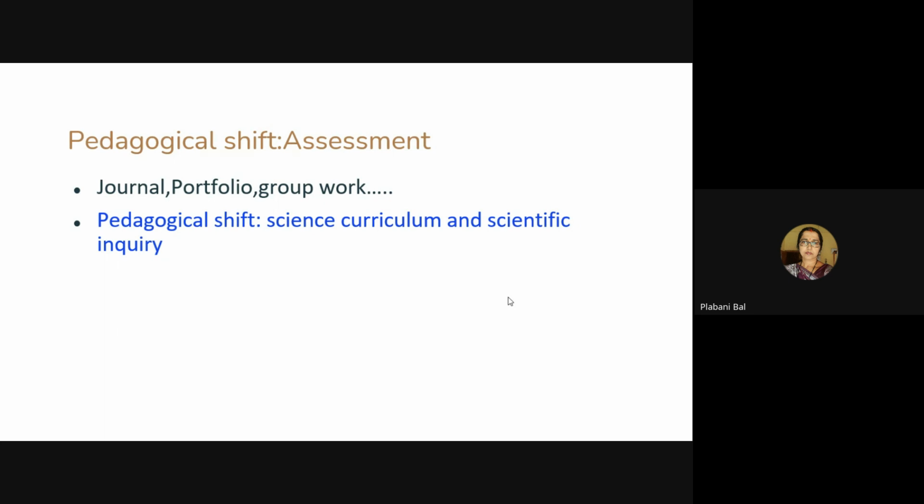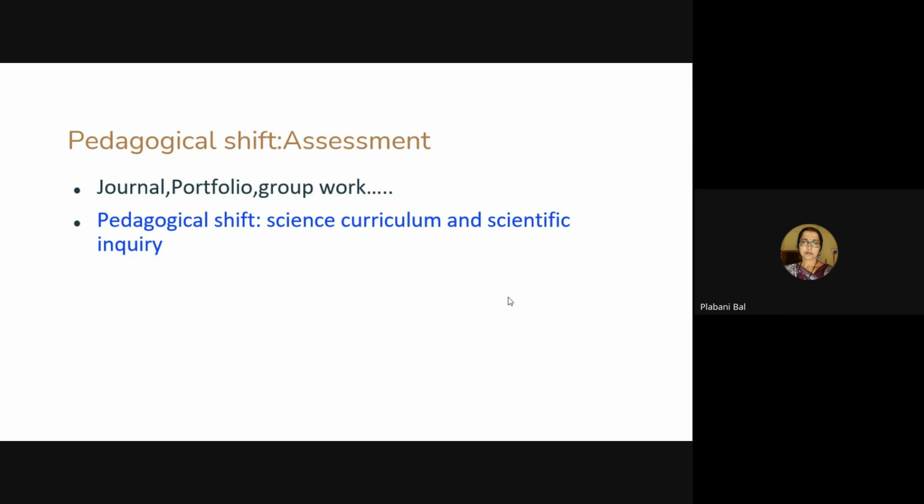NCF 2005 also emphasizes various modes of assessment like activities, experiments, journals, illustrations, oral presentation, peer evaluation, self evaluation, group work assessment, models, portfolios, and other areas of learning, because the purpose was to assess every area of learning.